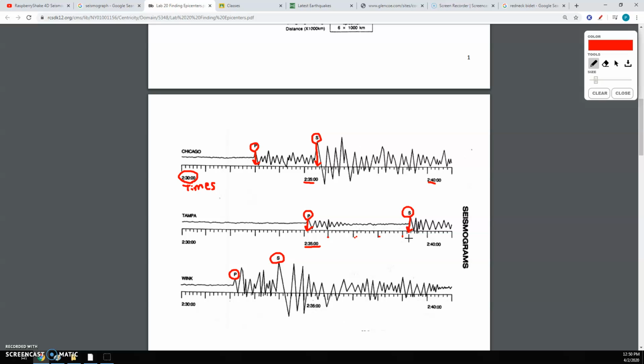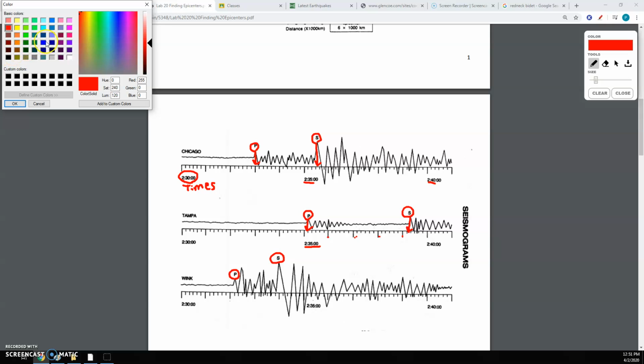So the more time that goes by, the farther ahead of you that guy will be, or you could think of it as the farther behind you will be. But basically, just because he's going faster than you, the more time that goes by, the bigger the spacing there is between you two. So we can look at the spacing of our P and our S waves and find out how far apart they are.